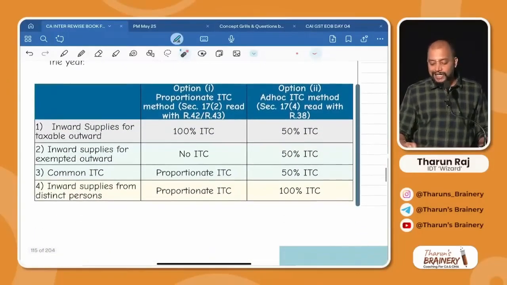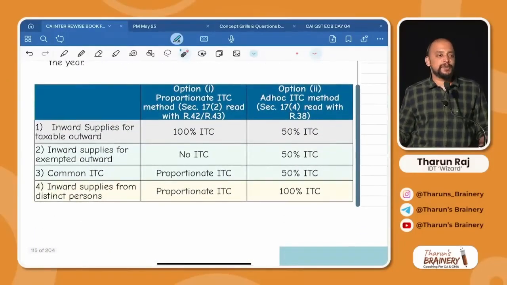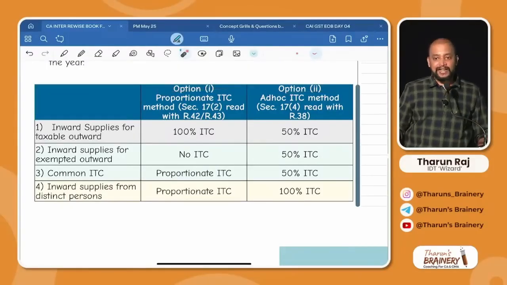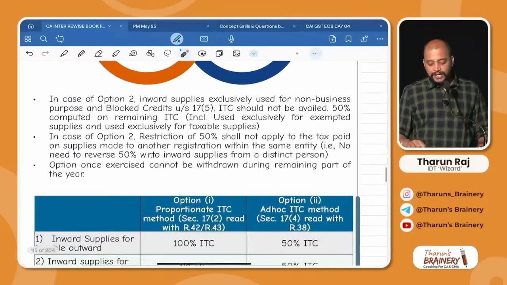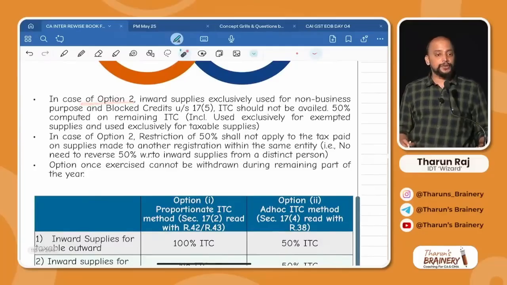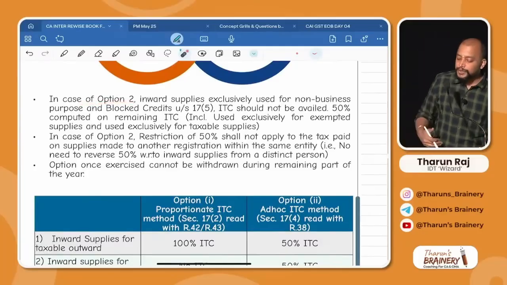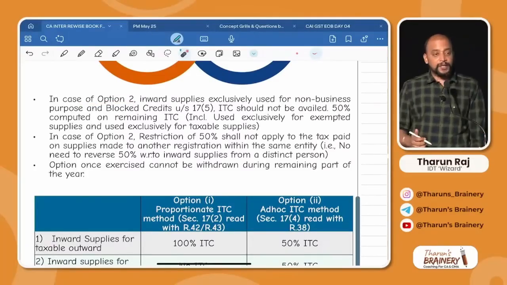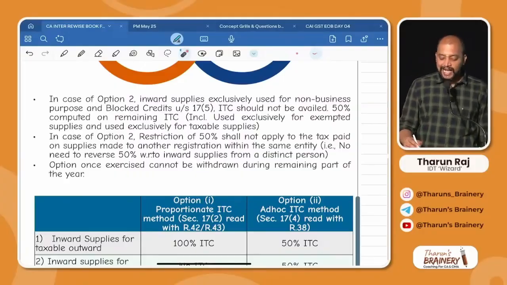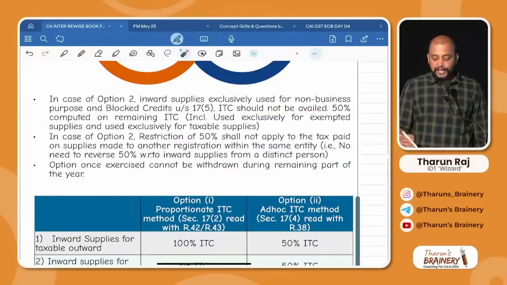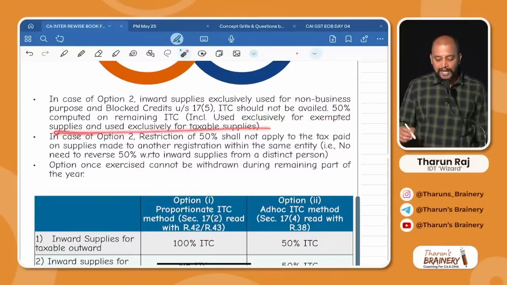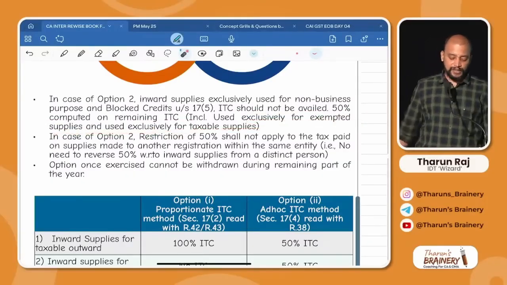What about blocked credit and inward supply used for non-business purpose? Under both the options you cannot take that. Blocked credit no one can take, and supply used for non-business personal purpose no one can take. That is normal. You can read this: in case of option 2, inward supply exclusively used for non-business purpose and blocked credits, ITC should not be availed. 50% is computed on the remaining ITC, including that used exclusively for exempted supply and used exclusively for taxable supplies.